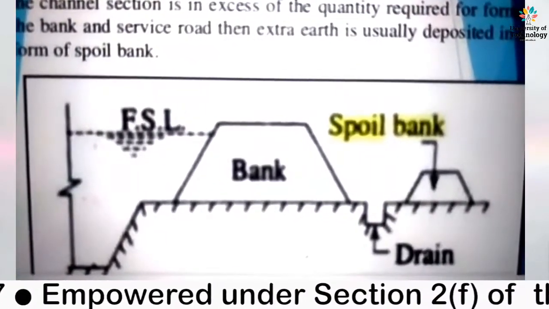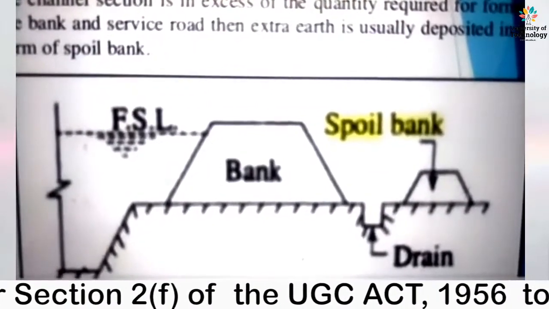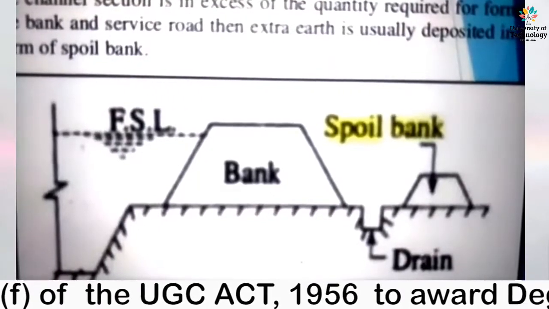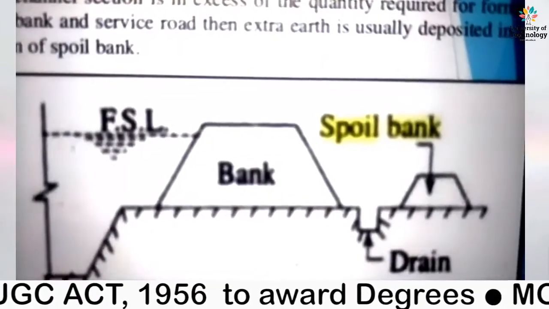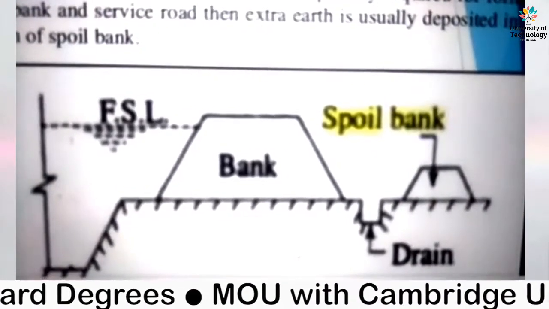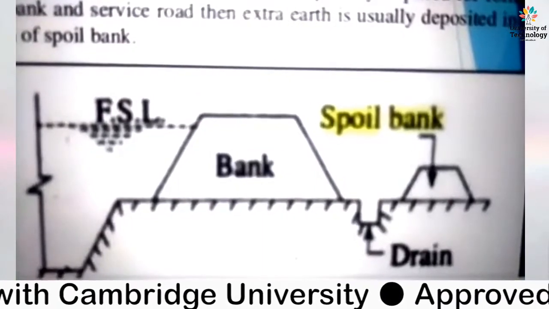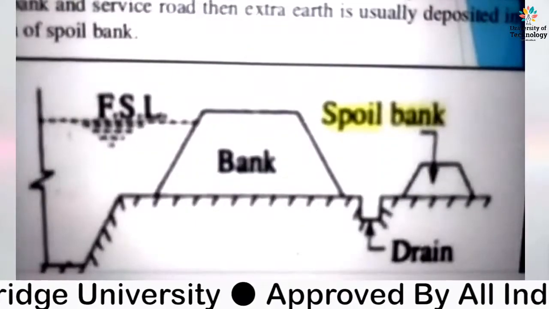In between the spoil bank and the bank is a small drain to protect against mixing of this soil into the bank. So it is a component of a canal.